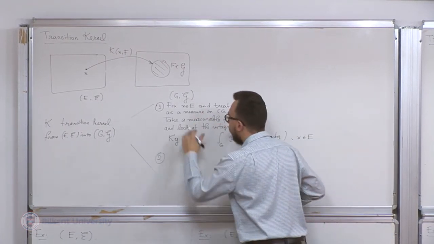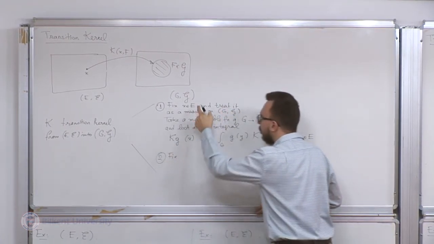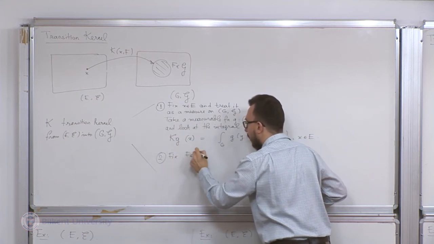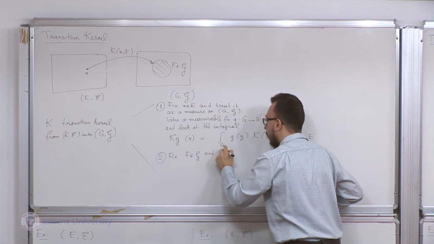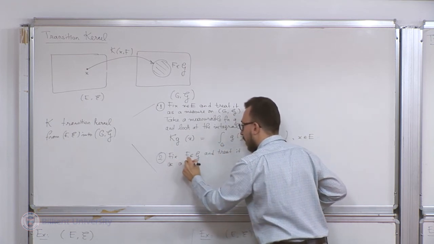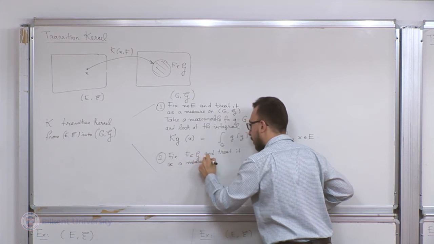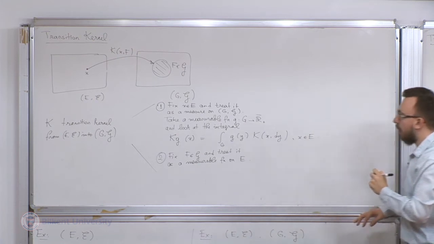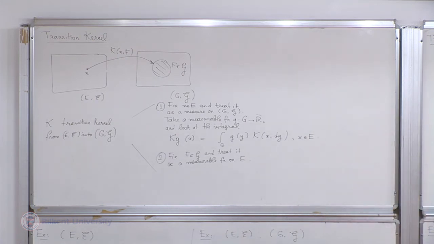So now we're going to fix the second variable. Let's fix f and treat K as a measurable function on E. It's a measurable function on E. This means if I have a measure on E, I can integrate this function with respect to that measure.